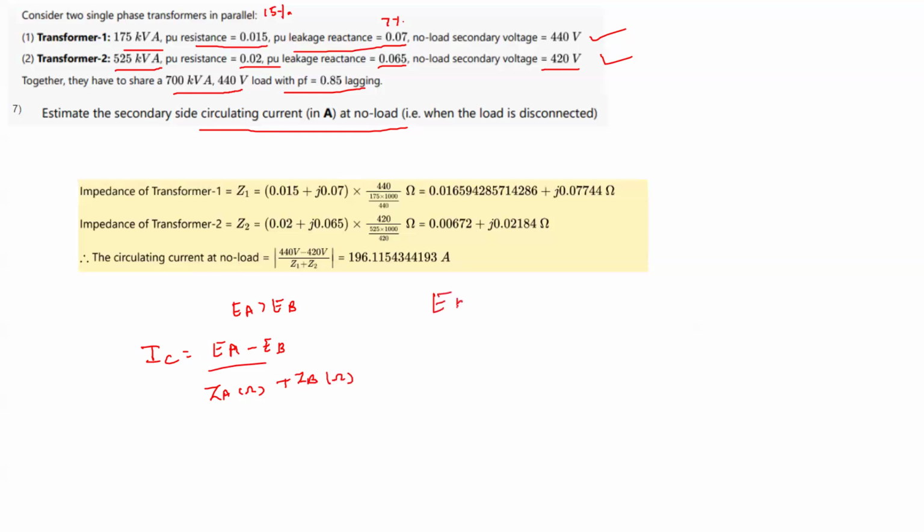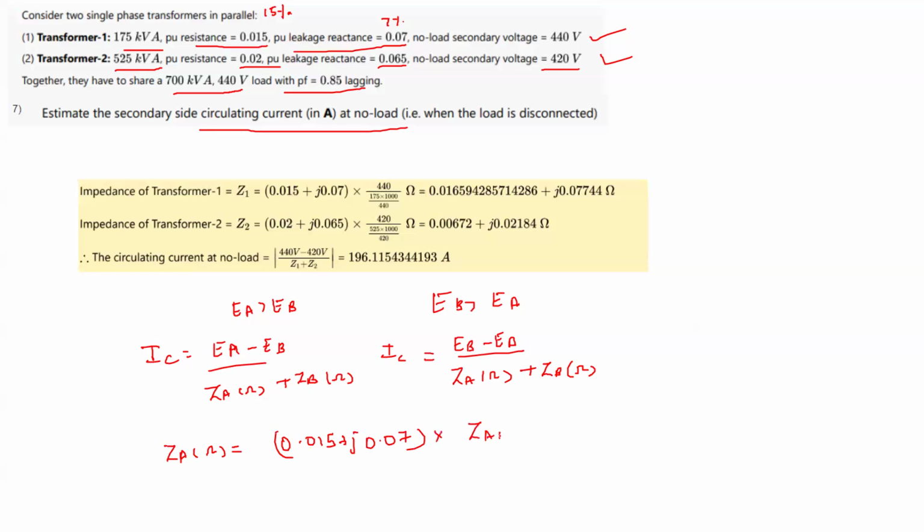If EB is greater than EA, then you have to write it as EB minus EA by ZA in ohms plus ZB in ohms. This is the circulating current, which we have solved in the previous question also. Here you have to calculate ZA ohm very carefully. ZA ohm will be 0.015 plus j0.07 into ZA base.